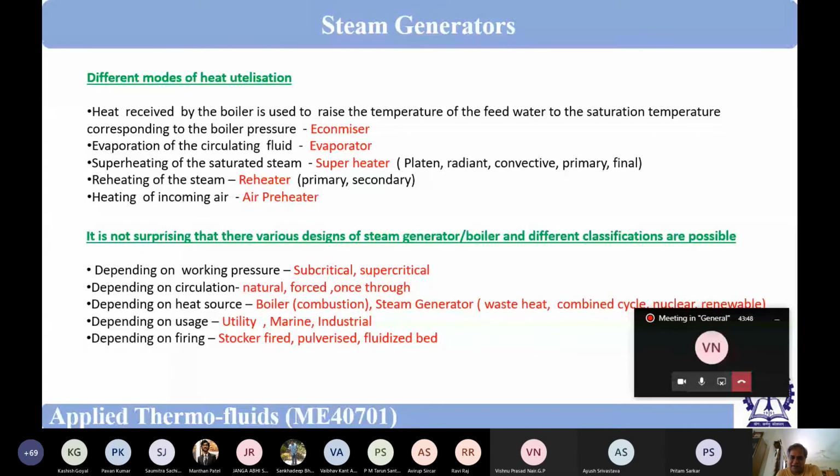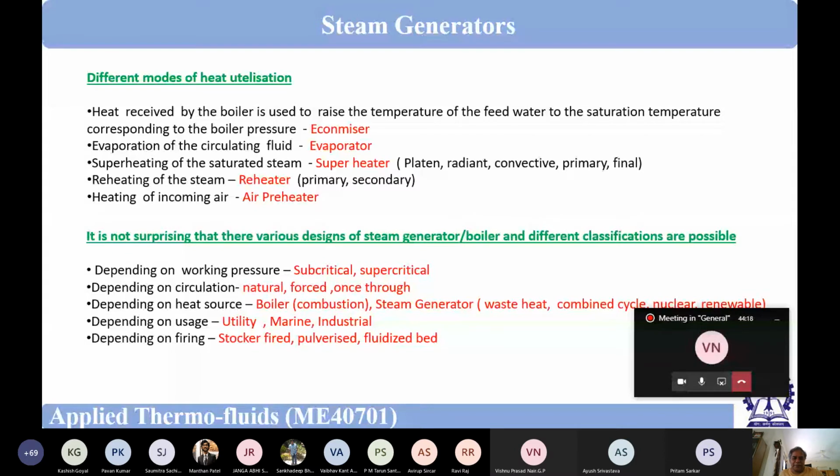And then in combined cycle, we have seen already that there is the HRSG, heat recovery steam generator. Then nuclear power plant, the nuclear steam generator, and then renewable energy like ocean thermal power, OTEC, or even for using solar energy, we can have some sort of steam generator or vapor generator.